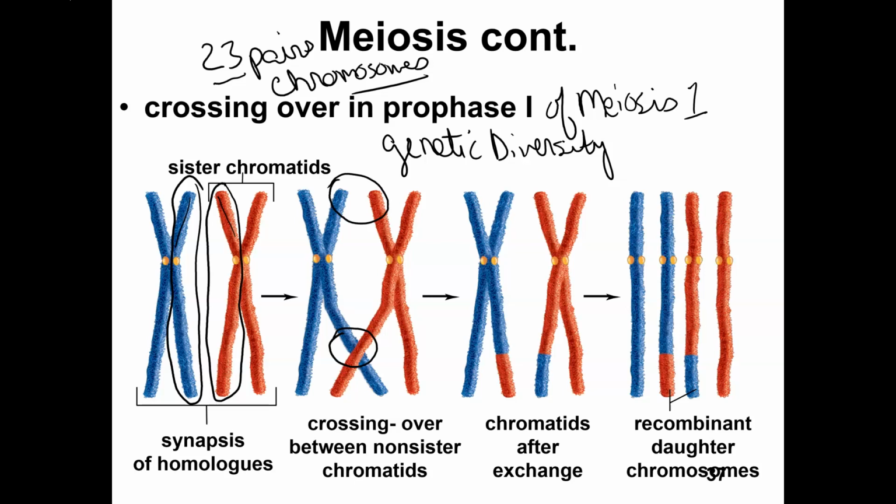Or, and what's more likely, is that crossing over will occur on some of the chromosomes. On some it might occur more than once, and on some it might not occur at all. So that increases our genetic diversity, because we end up with chromosomes that have new information. So this blue chromosome now, this blue chromosome here, is different from this blue chromosome here, even though they came from the same individual, because of crossing over.